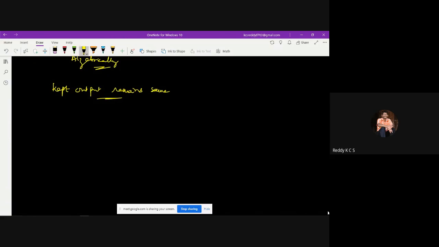Then, without affecting the output, we need to change the complex block diagram into a simple block diagram. So the first one, rule 3, is shifting a summing point behind the block.